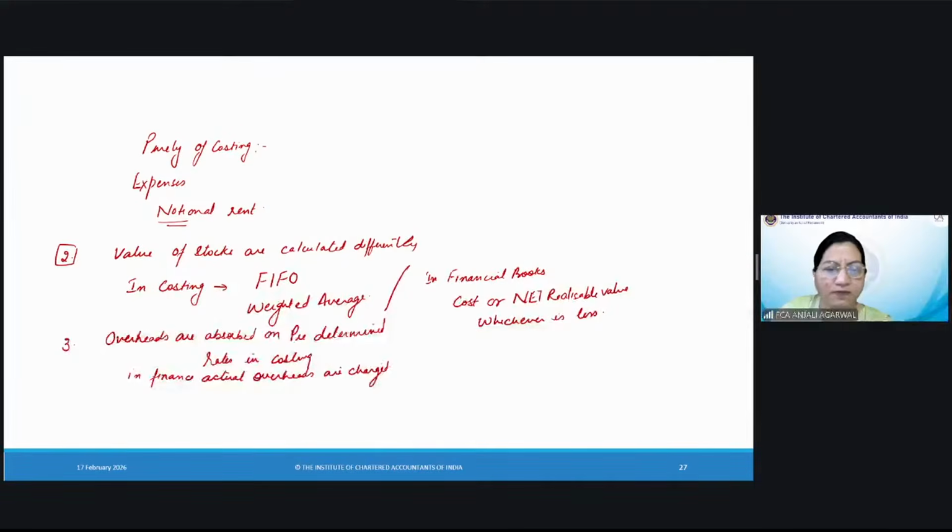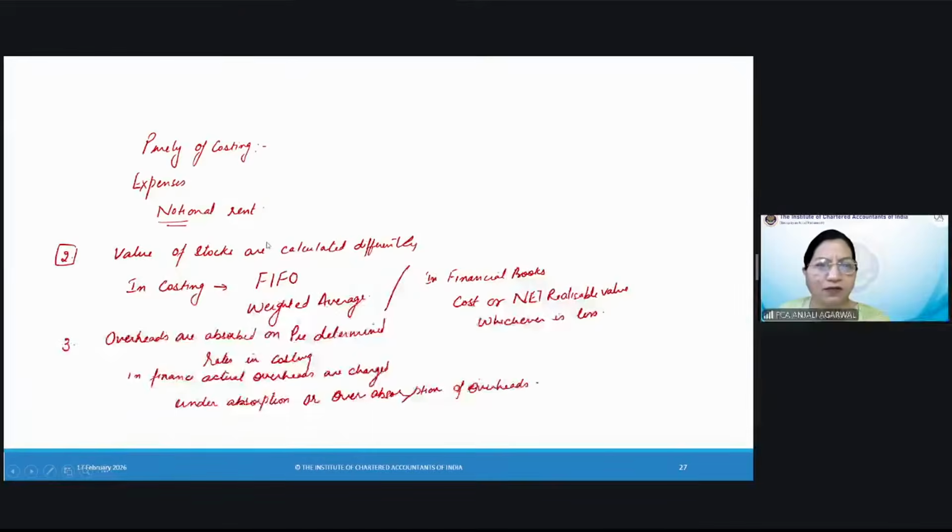So there can always be under absorption or over absorption, which can give different profits under costing and financial books. So majorly these are the three main reasons.